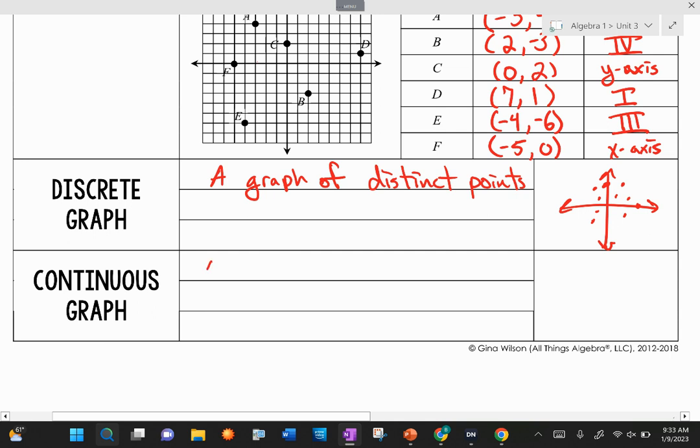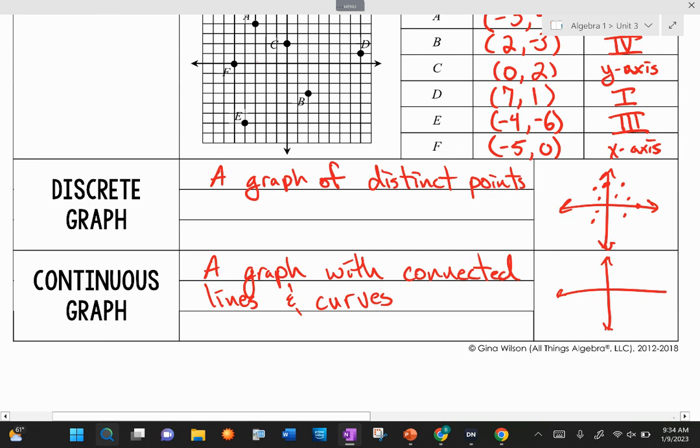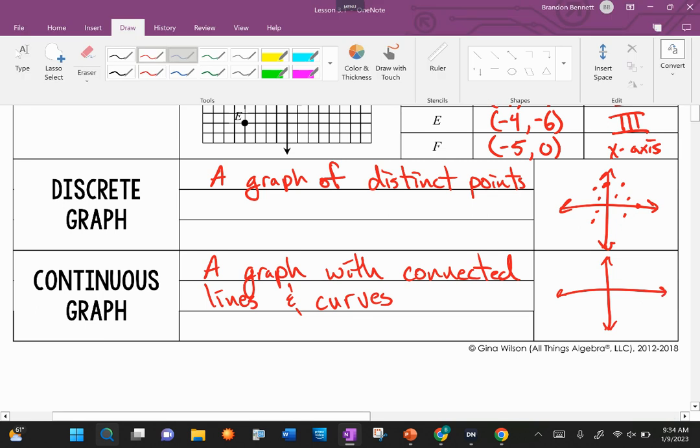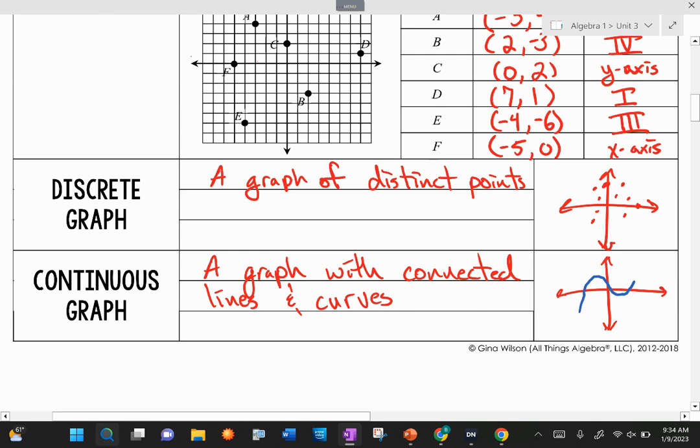A continuous graph is going to be a graph with connected lines and curves. Some examples. And some more while you're catching up.